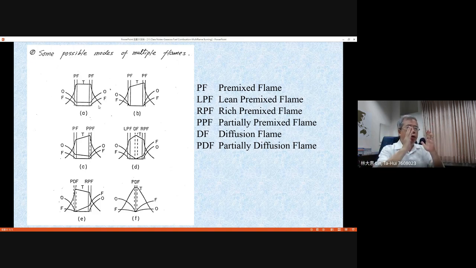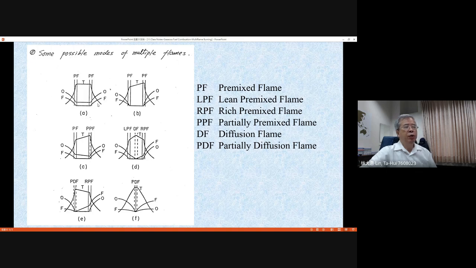When you have two identical flames, ideally they will burn to the same flame temperature. Therefore, in the downstream, they will remain at a constant temperature profile. This is a typical plot for a double flame generated in the opposed jet flow. You can have this kind of flame structure.